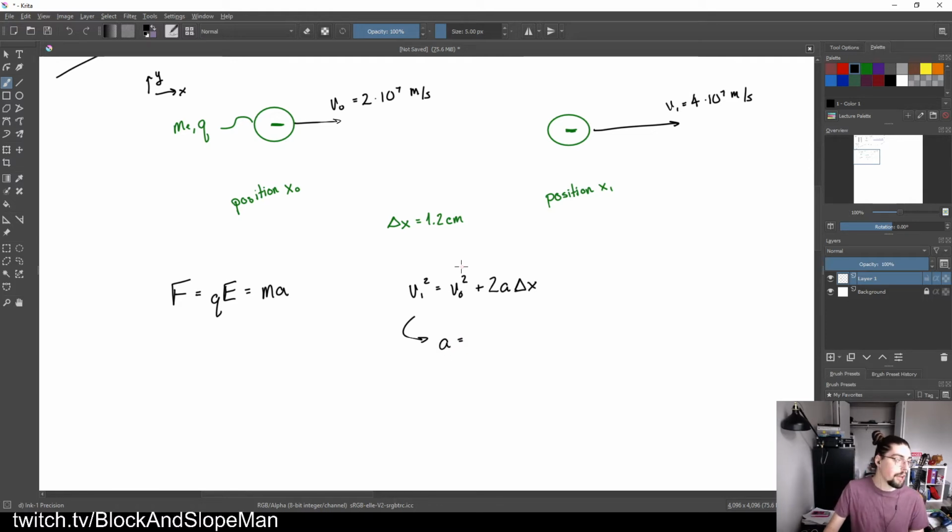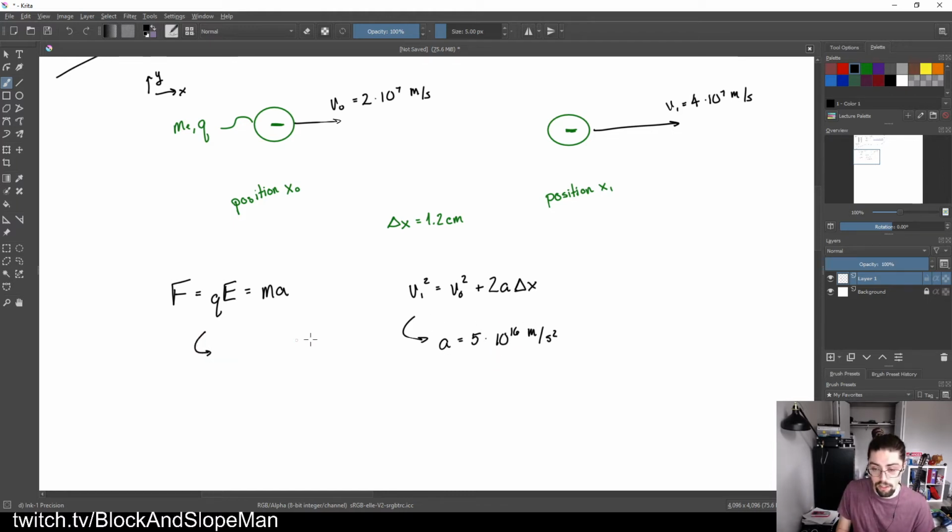When we solve out for that, we should find an acceleration of 5 times 10 to the 16th, which is not a small value in its own right, meters per second squared, right? And a lot of that's attributed to the fact that it's such a tiny mass and we're going to find a pretty large electric field. So there's our value for acceleration. We can come back up to here.